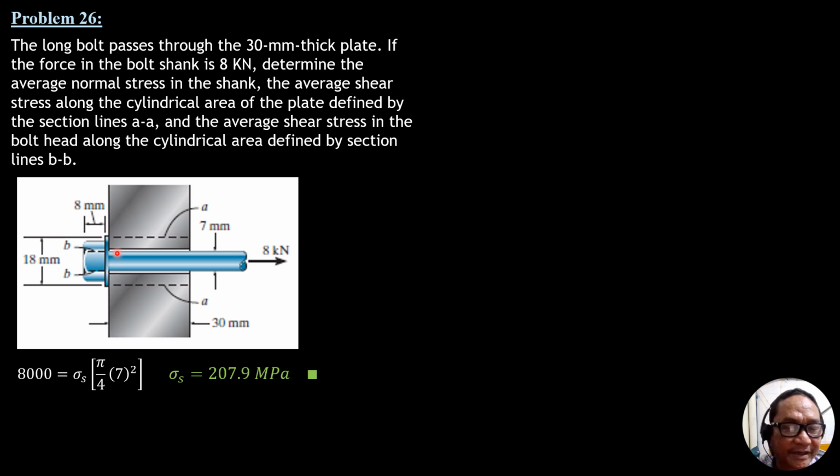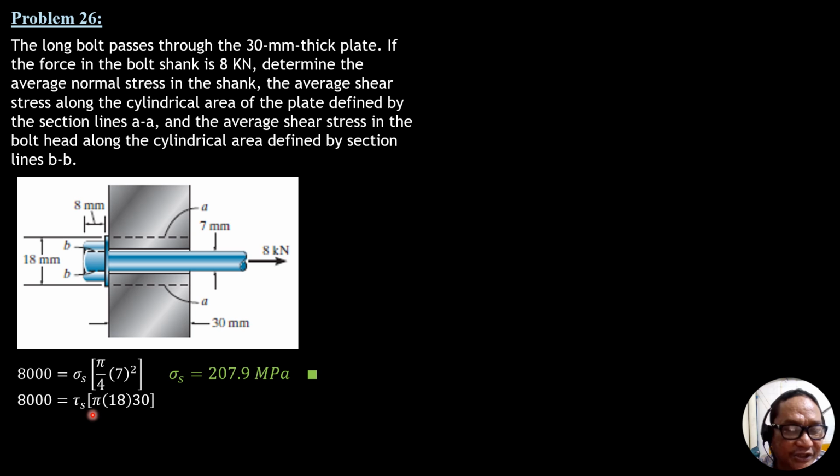Then for B, the average shear stress on lines AA. Shear stress is equal to force over area. This area is the circumference, pi times diameter, like a punching shear area. The diameter is 18 and the thickness is 30. So 8,000 is equal to the shear stress times the shear area, pi times 18 times 30.